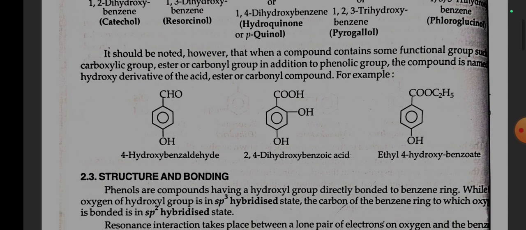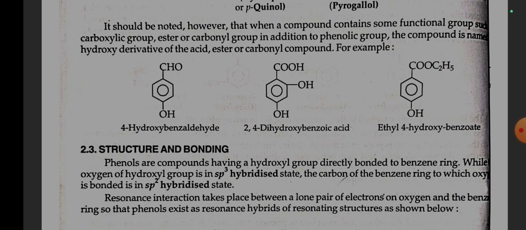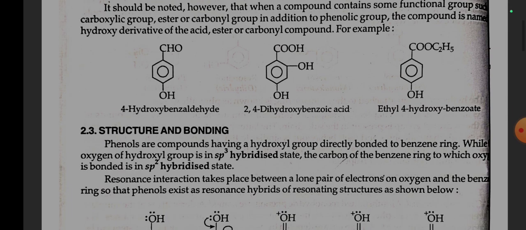It should be noted, however, that when a compound contains some functional group such as carboxylic acid, ester, or carbonyl group in addition to phenolic group, the compound is named as hydroxy derivative of the acid, ester, or carbonyl compound. For example, 4-hydroxybenzaldehyde, 4-hydroxybenzoic acid, ethyl 4-hydroxybenzoate.